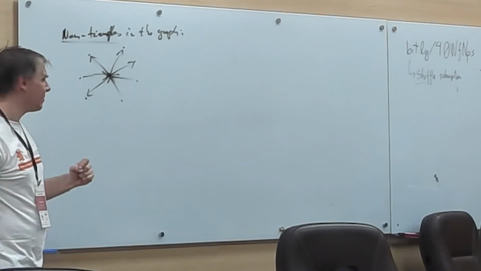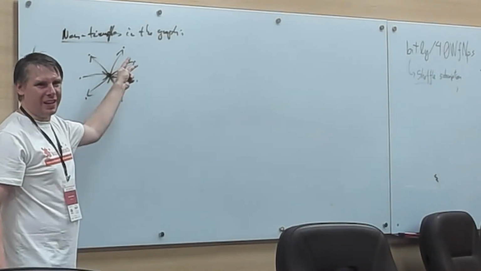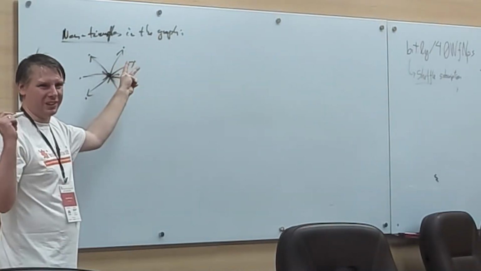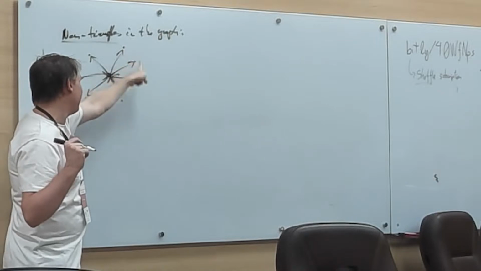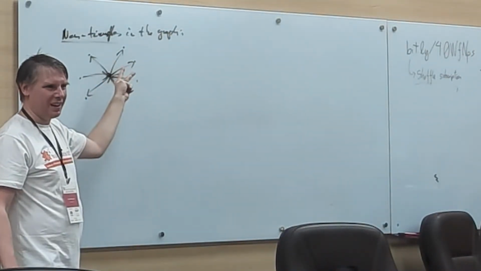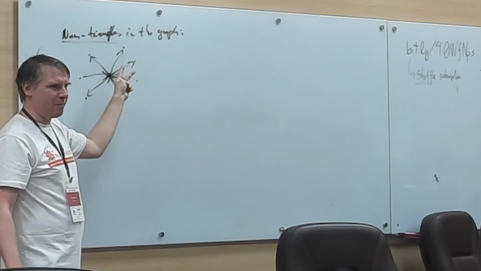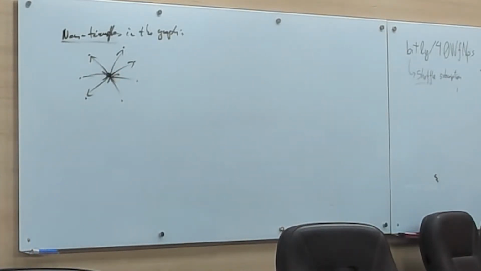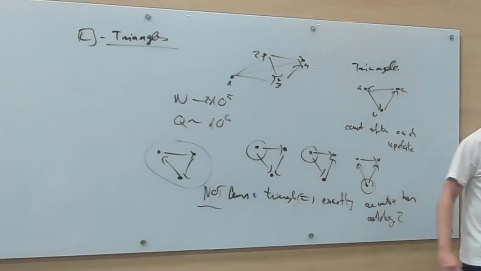Every 2 outgoing edges. If you select 2 outgoing edges from the perspective of this vertex, that gives you one non-triangle, irrespective of how the edge looks between the endpoints. And all of these will be counted exactly once, because there is exactly one point having this property in each non-triangle.